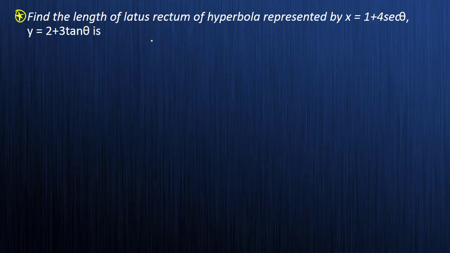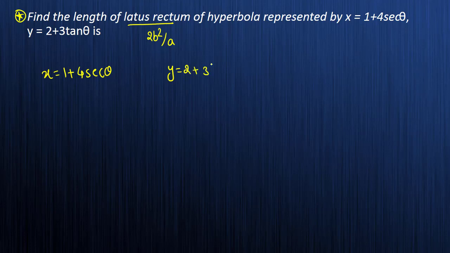Find the length of latus rectum of the hyperbola represented by x equals 1 plus 4 sec theta and y equals 2 plus 3 tan theta. What is the length of the latus rectum in a hyperbola? It is 2b square by a, the same as for your ellipse. So take the values: x equals 1 plus 4 sec theta and y equals 2 plus 3 tan theta.